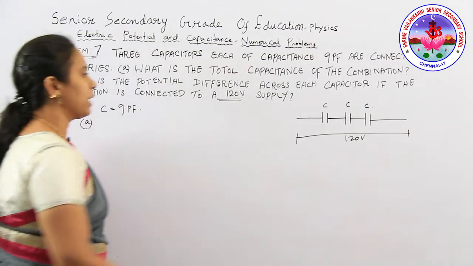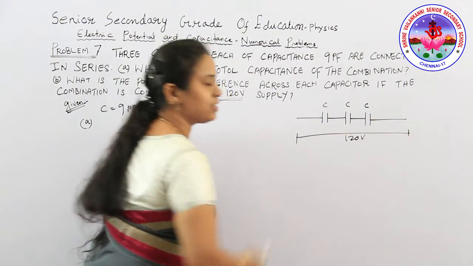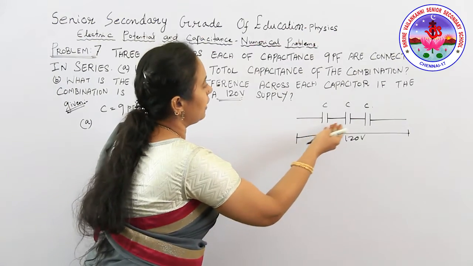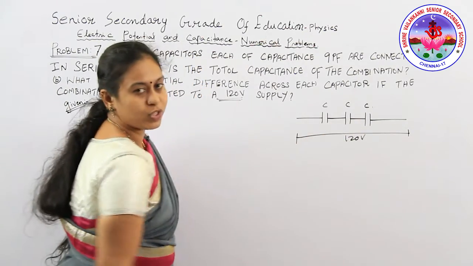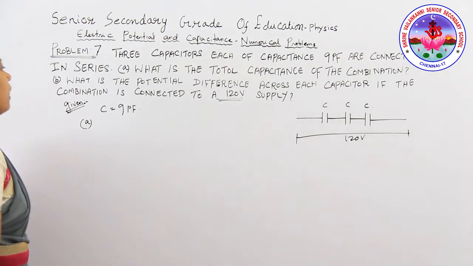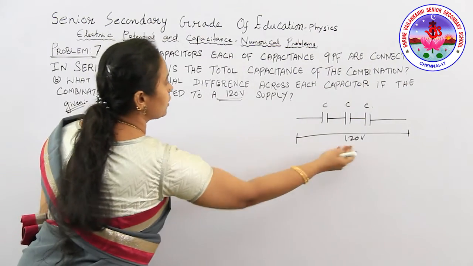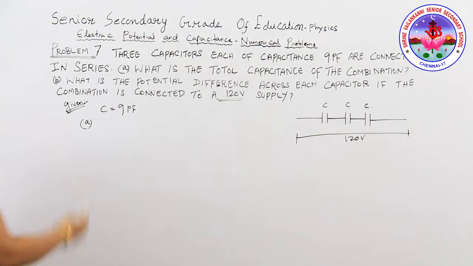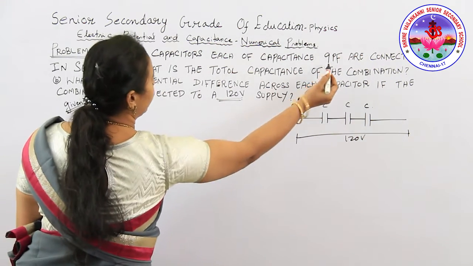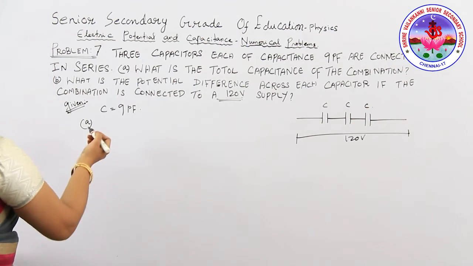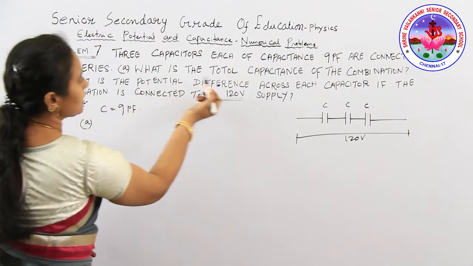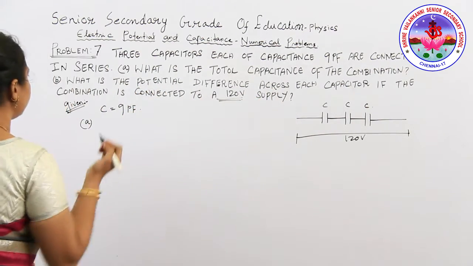See, the diagram may look like this, with the 3 capacitors connected in series, right? Across the battery is 120 volt. They have given C equal to 9 picofarad. The question A is, what is the total capacitance of the combination?